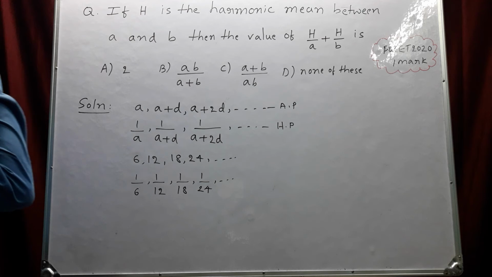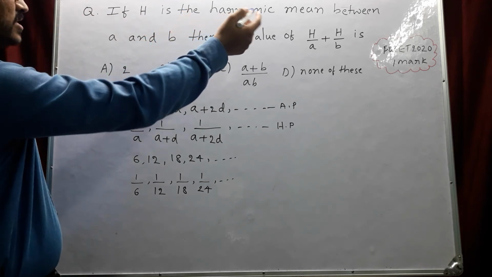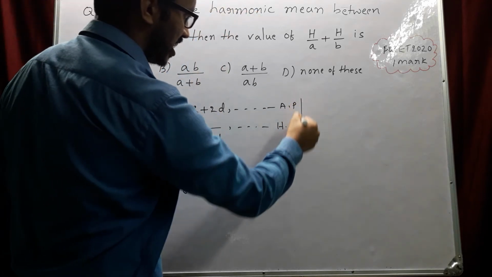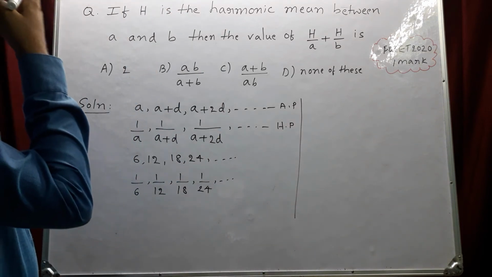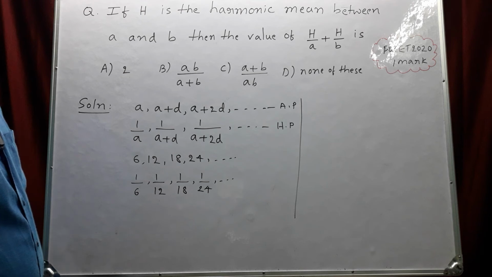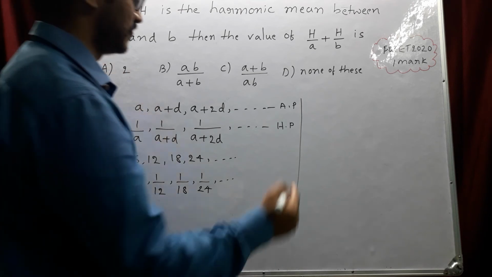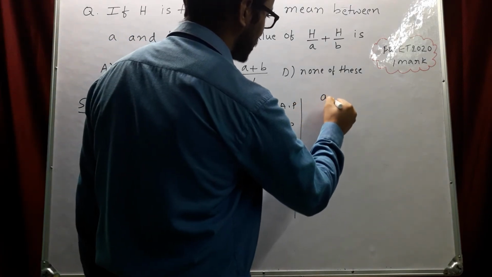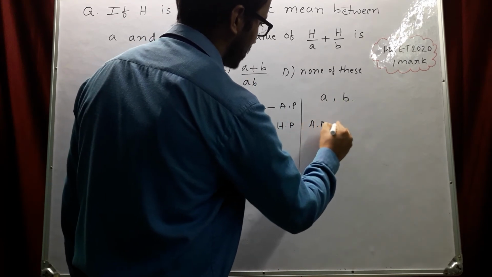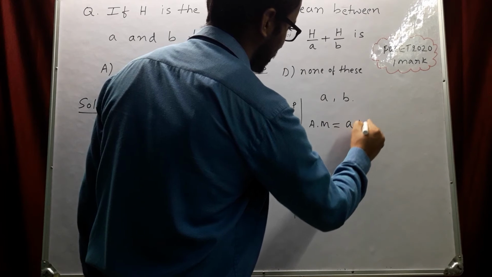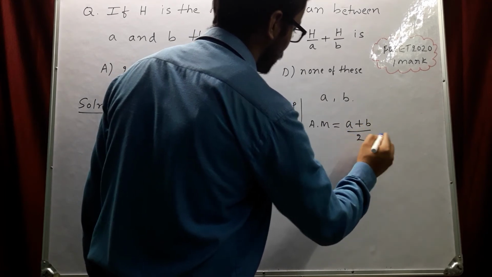Now let us see harmonic mean. So the formula for harmonic mean. You should know the formula for arithmetic mean as well as geometric mean. If you take any two numbers a and b, the arithmetic mean is given by (a plus b) by 2.